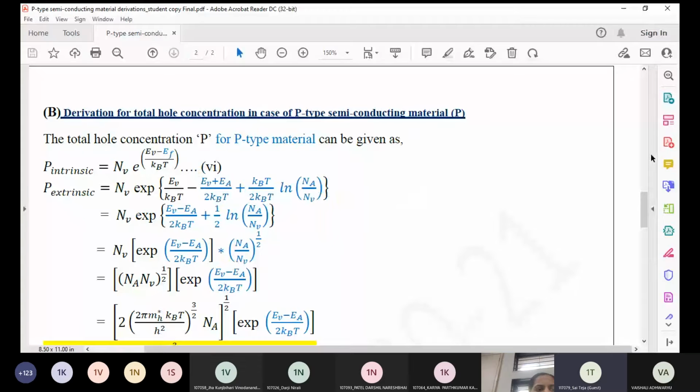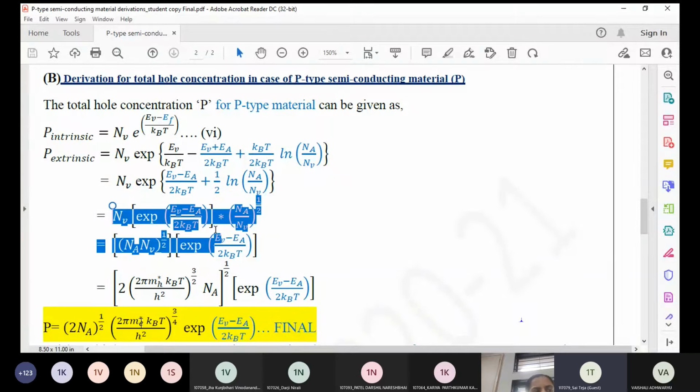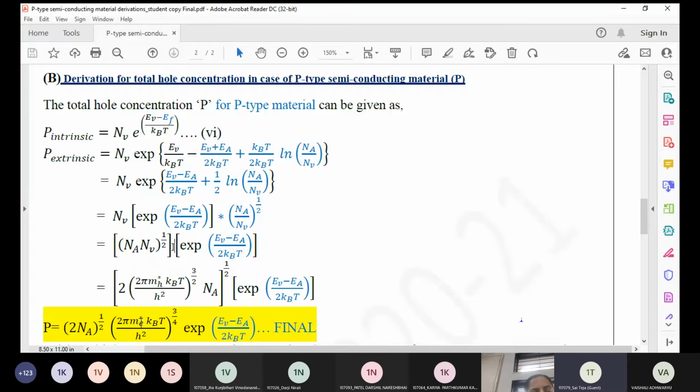If we split the exponential factor as NV into e raised to the power EV minus EA by 2 kBT into e raised to the power 1 by 2 into ln NA by NV, that factor becomes NA by NV raised to the power 1 by 2. And we know that NV's value is 2 into 2 pi mh star kBT by h square whole raised to 3 by 2.